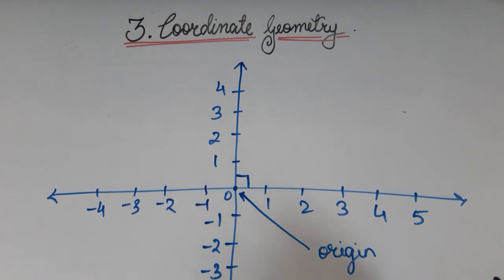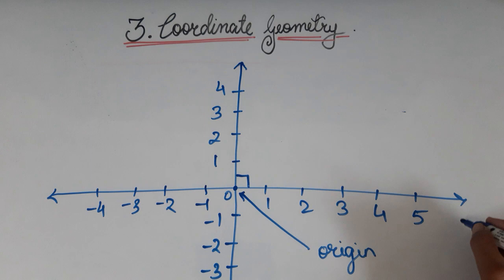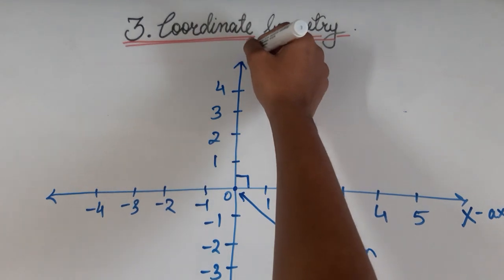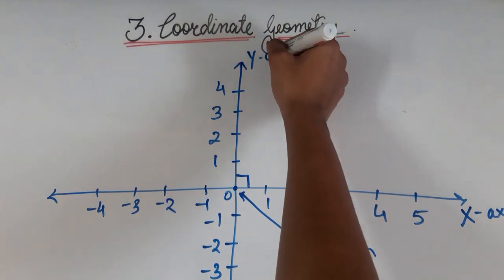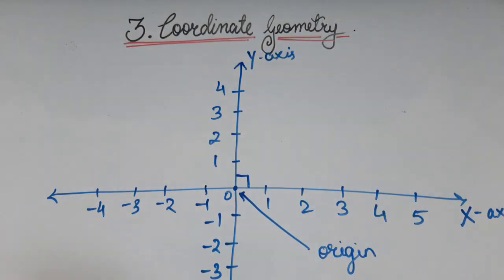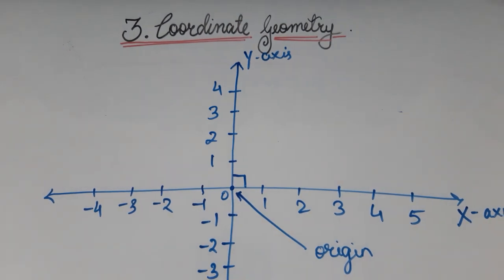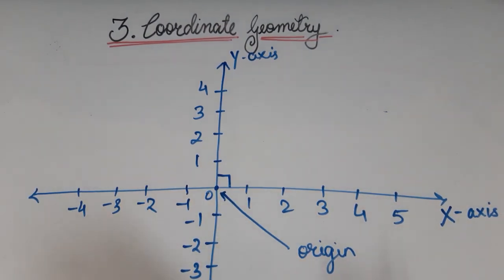Now since there are two number lines, we need to name them. How long are we going to call them horizontal and vertical? We should give them some names. So the horizontal one is named x-axis and the vertical one y-axis.